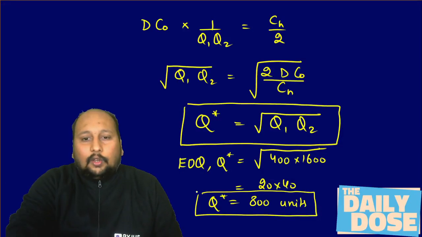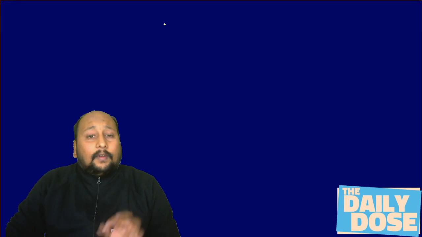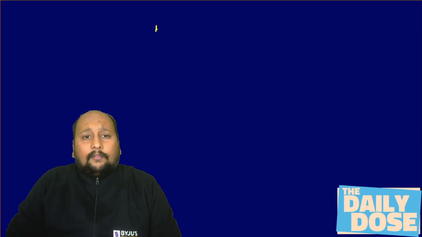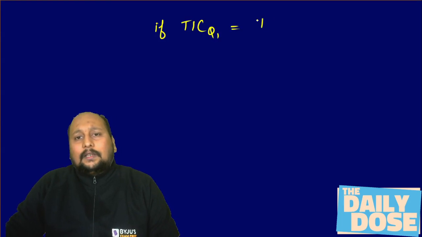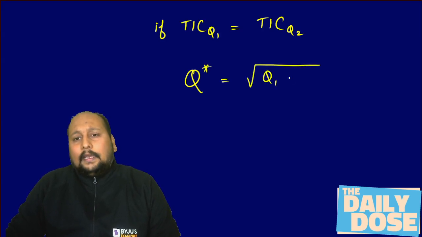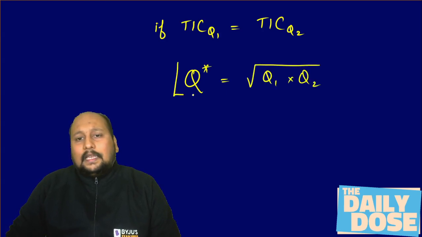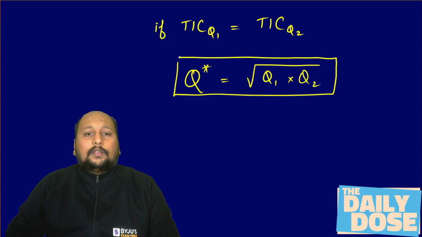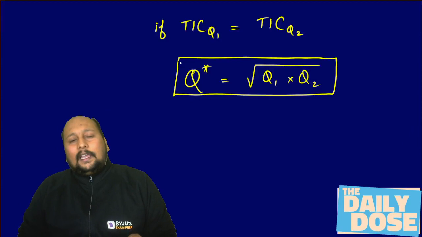So this was your daily dose, from which I come to a very important conclusion: if the total inventory cost at one quantity is equal to the total inventory cost at a second quantity, then Q star is equal to root of Q1 into Q2. This is a very important fact which you can use in your examination. It will definitely save your time and you will get the correct answer in a very short time.